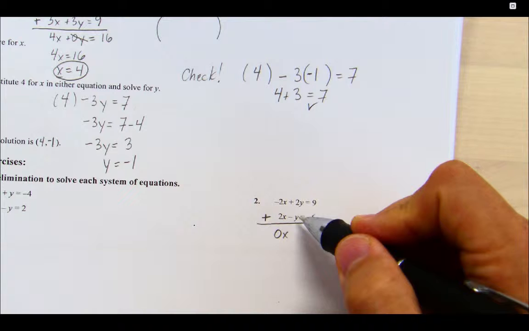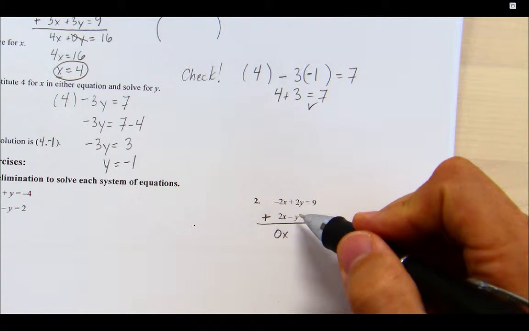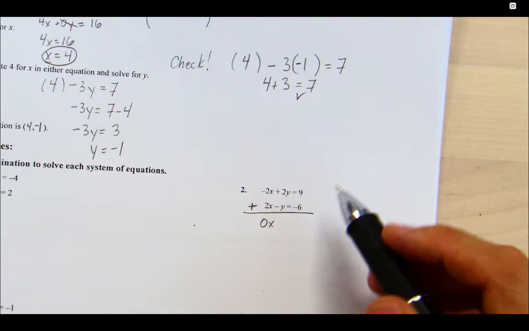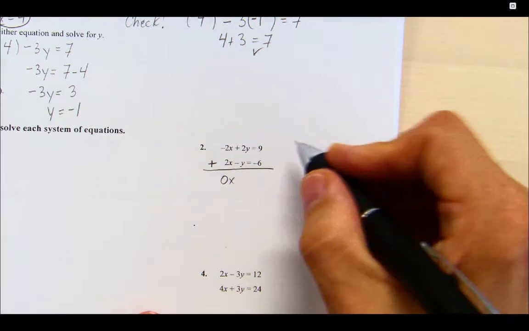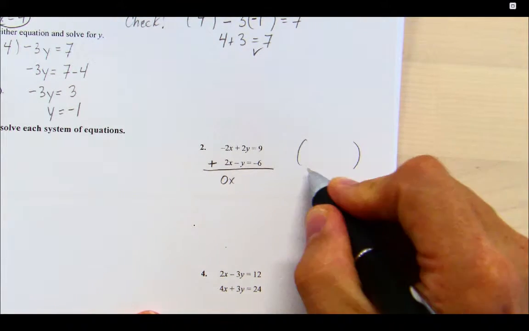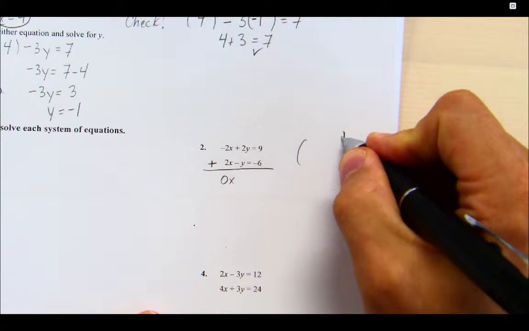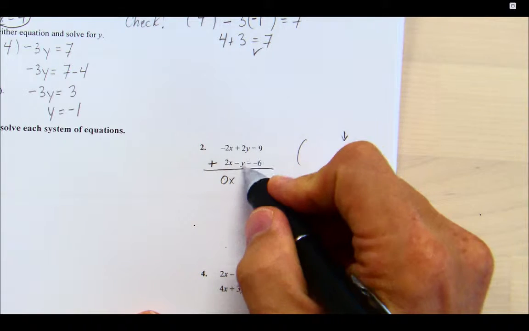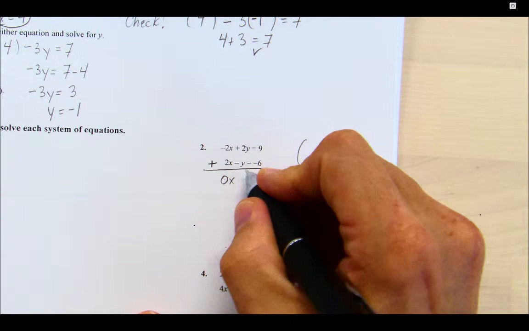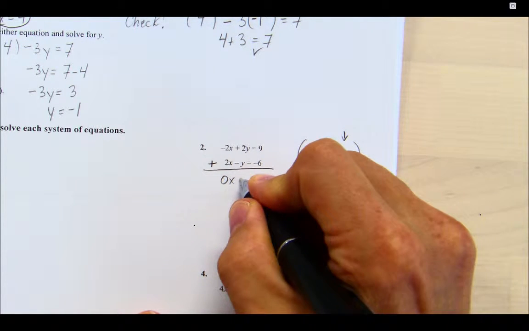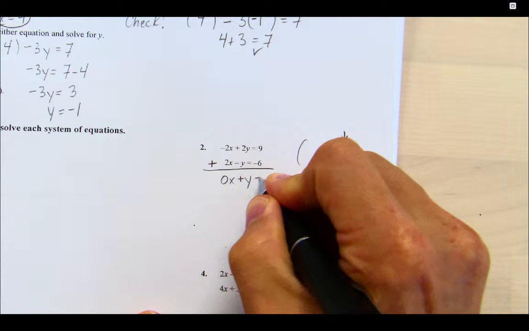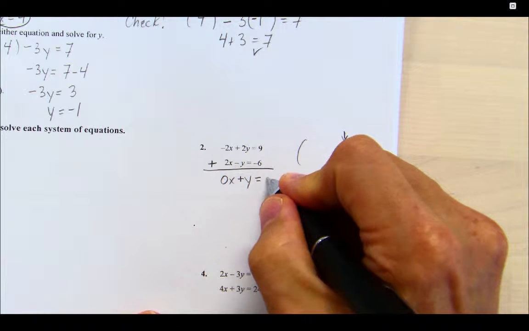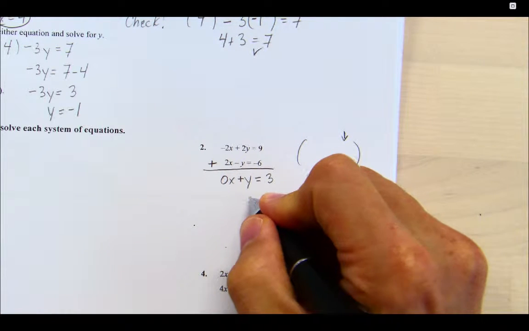This time I'm going to end up finding y first. In the last question I found x first. It doesn't matter which one you find first. Just realize that when you go to write your solution, it's the one that you get off the jump. So now 2y plus minus y, it's just 2y minus y, gives me plus y, is equal to 9 plus minus 6, 9 minus 6 gives me 3. So y is equal to 3.